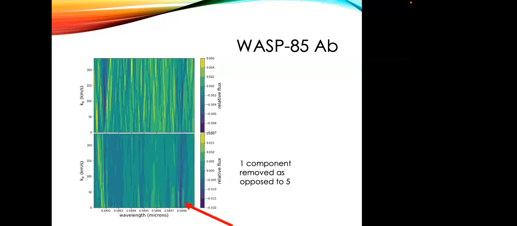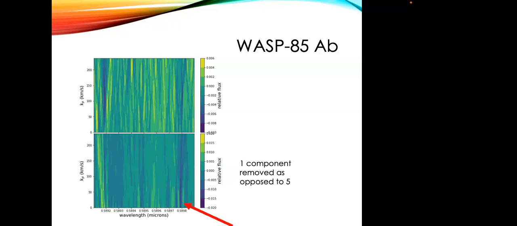So to confirm that this isn't stellar activity, or at least not mostly stellar activity, we look at how, in PCA, you remove different numbers of components. On the top plot, we've removed 5 components, the 5 main components. Just basically subtracting a median 5 times.